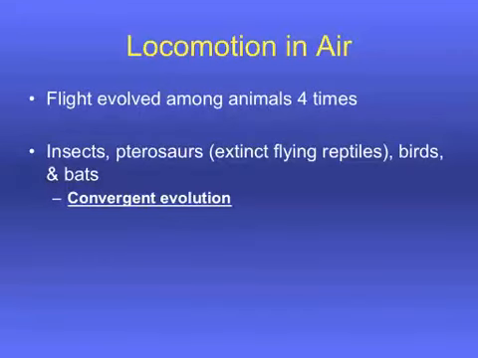Insects are very, very different. The circulatory system, the musculature, everything is extremely different from the other 3 groups. Pterosaurs are probably the next most different group. So in a pterosaur, the wing is actually a membrane of skin stretched out over the ring finger of each forelimb or each hand, right?